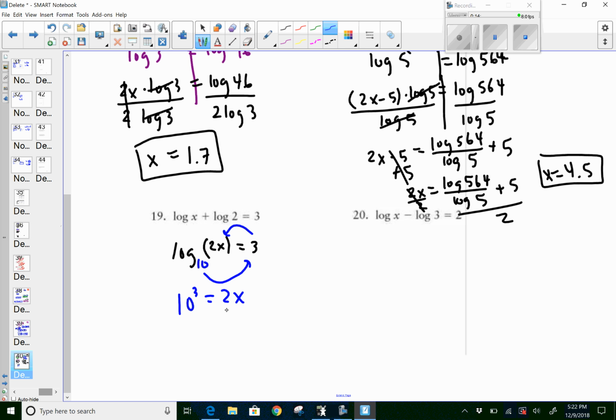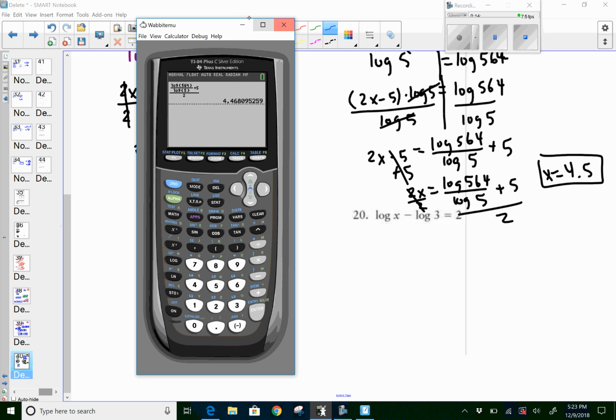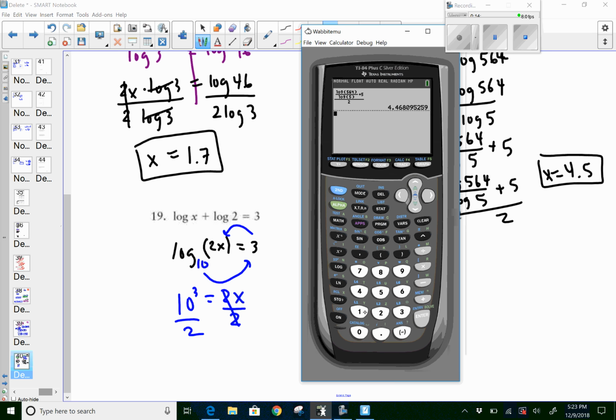So now I want to find the x and get that by itself. So I want to divide both sides by 2. So now I just literally take it, plug it into the calculator, and I get my answer. So I'm going to get alpha y equals, enter. I love that alpha y equals thing. So 10 to the third power, and then on the bottom I'm dividing it by 2, and I'm going to get 500 as my answer.